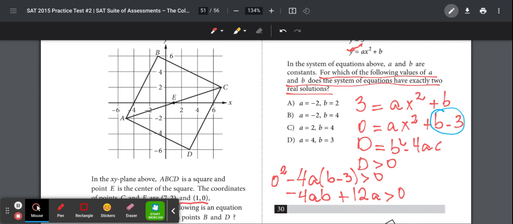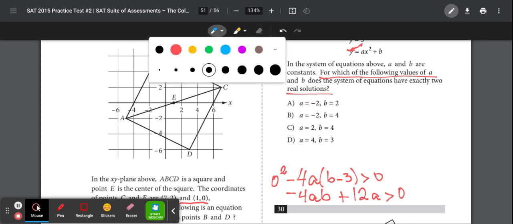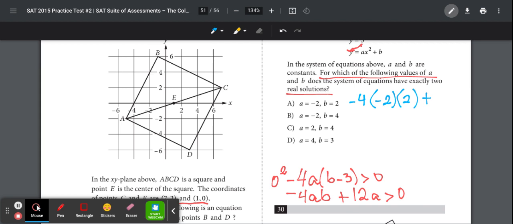Now, all I'm going to do, I will check which options, A, B, C, or D, satisfy that requirement. So for the first option, I will have, and I will clear up some area here, and I'm going to change the color, negative 4 times negative 2 times 2 plus 12 times negative 2.